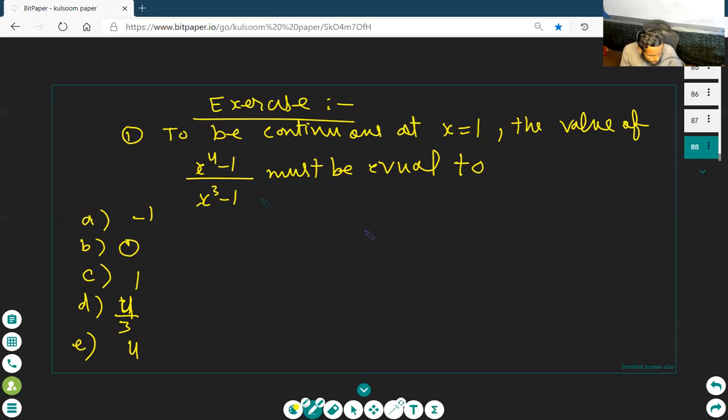Now find. We need the value of the function. You can suppose it as f of x.